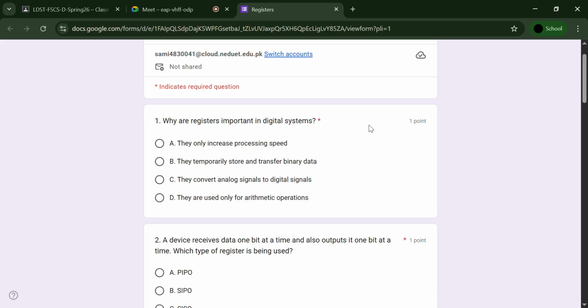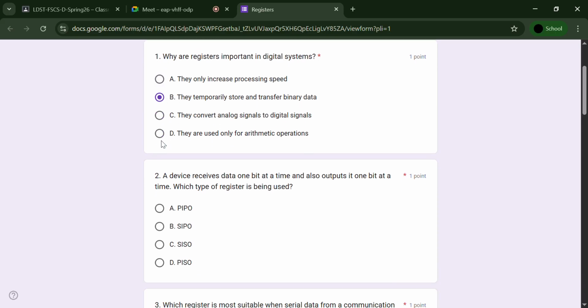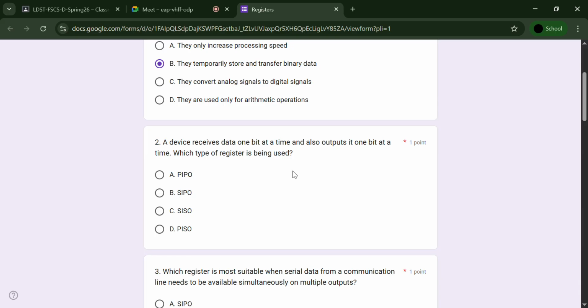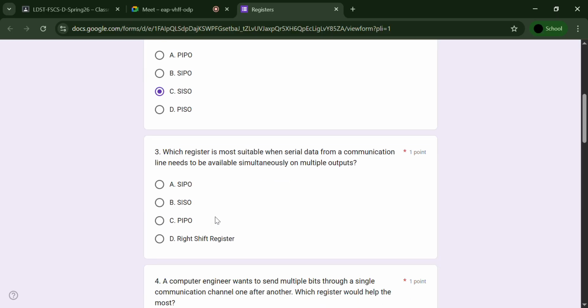Start. All of you may start it. Are you all doing this?